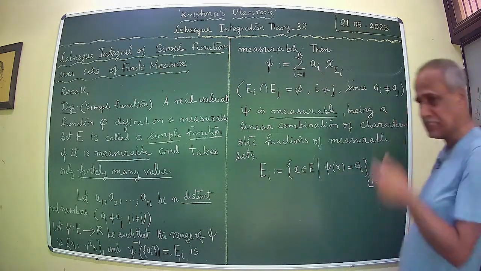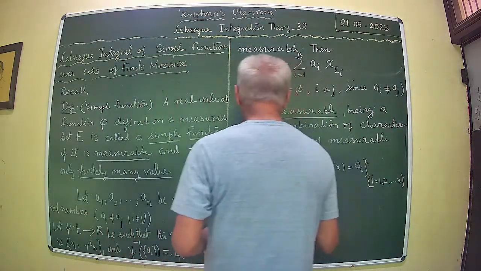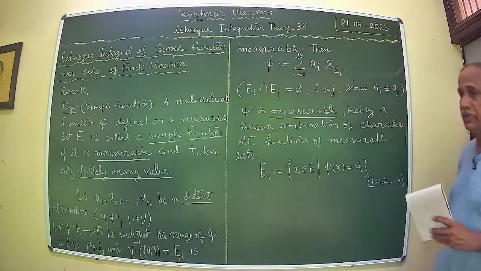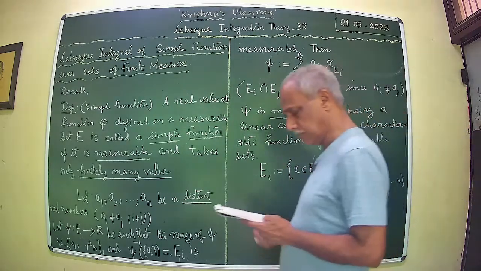Now these Ei's are distinct. Clearly, as we have said, the intersection of Ei with Ej is empty for i not equal to j.